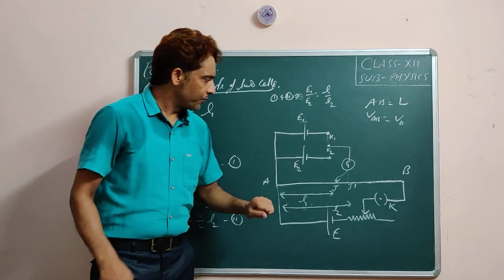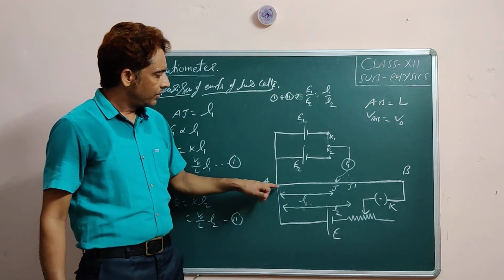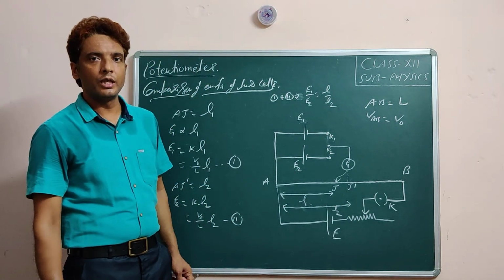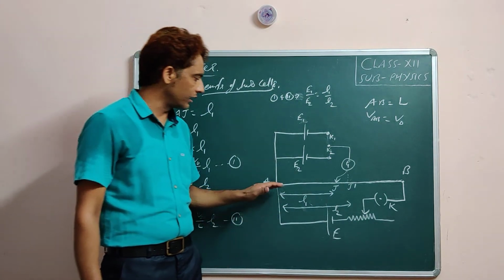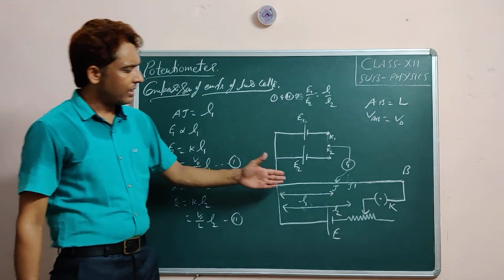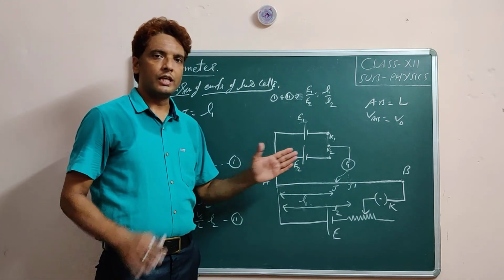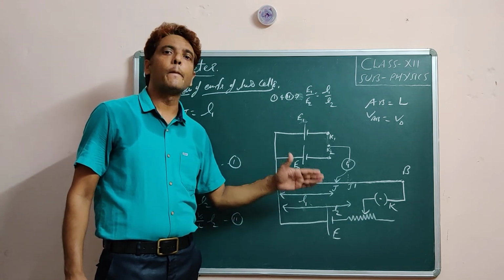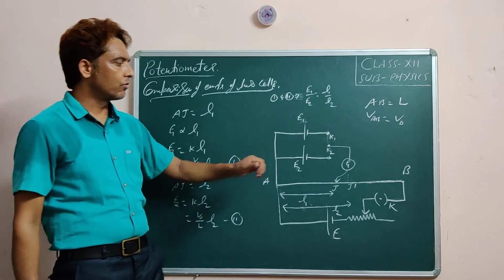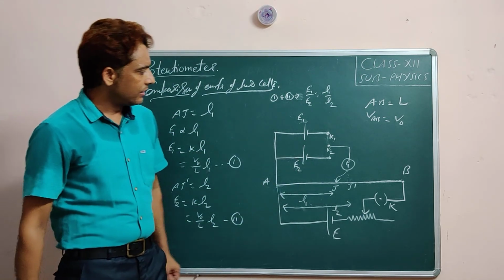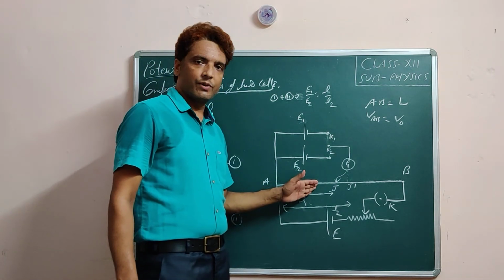Also, practically, as I said, this wire is of uniform area of cross section and constant current should flow through it. This wire is made of constantan or manganin, as we discussed in the meter bridge, meaning its resistance should not change with change in temperature. Now, what is the length of this wire?